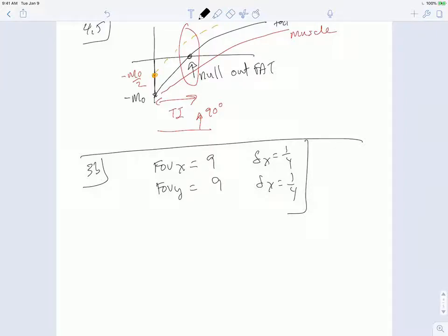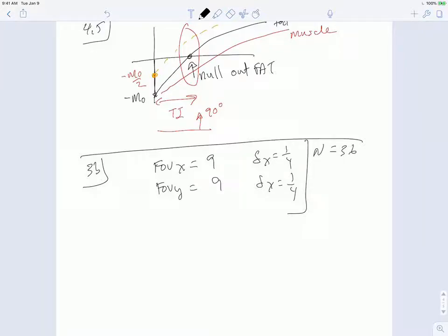When you go buy your 50-inch TV, it's like 2,000 by 3,000 voxels, right? It's 50 inches divided by the resolution. So how many voxels do I have in the x direction? It would be 9 divided by 1/4. Yeah. Okay, I wasn't sure if I was doing that correctly.